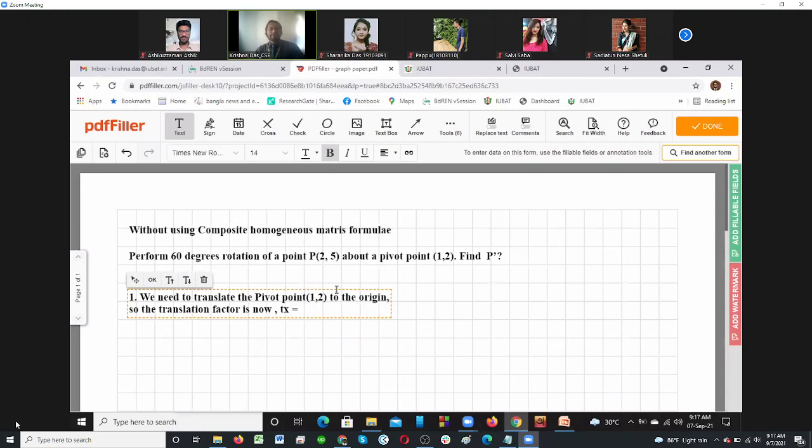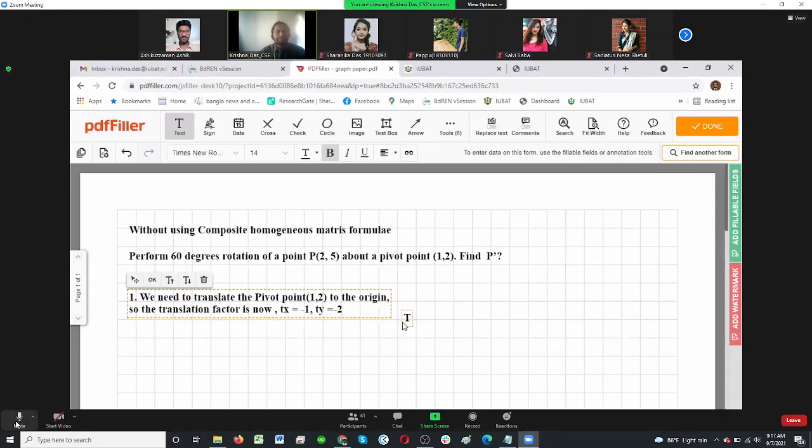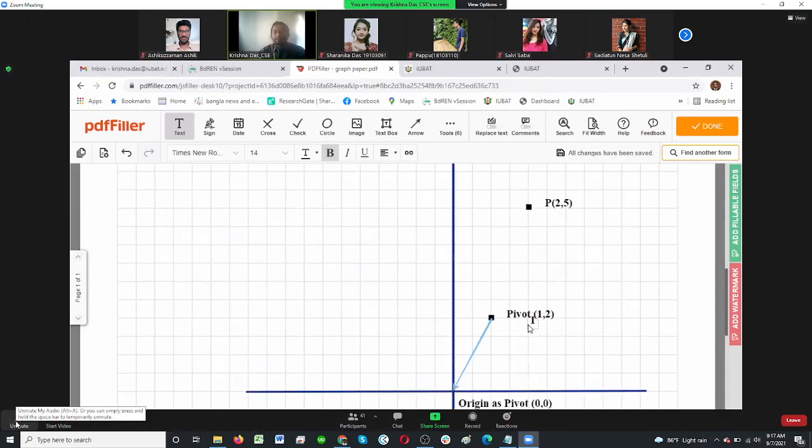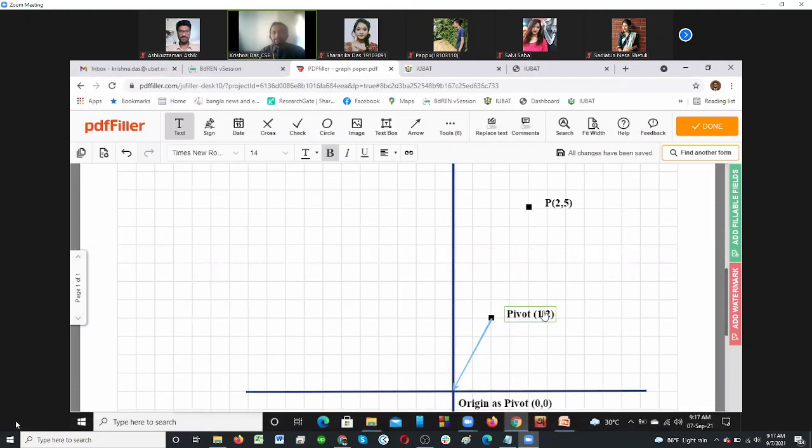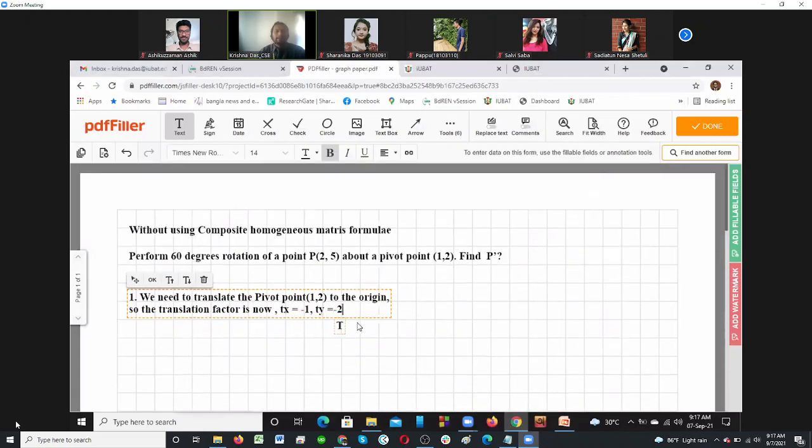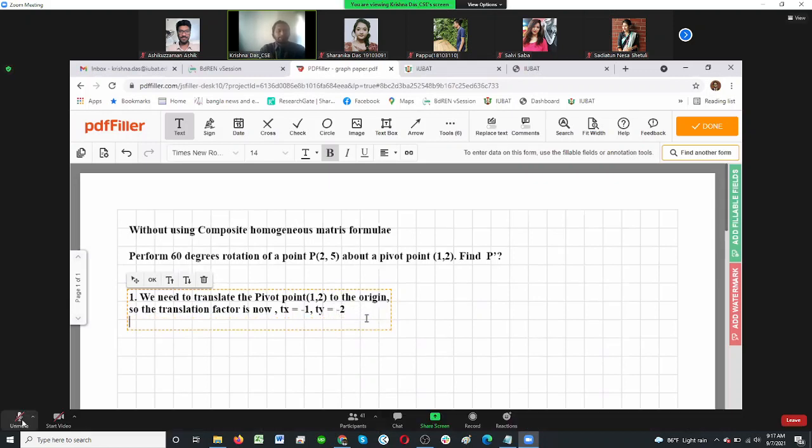If the pivot point is 1 and 2, the translation factor becomes -1, and t of y should be -2, right? Yes, sir. Because we want to come to the origin, so it becomes 0, 0: 1 minus 1 and 2 minus 2, so it becomes -1 and -2.